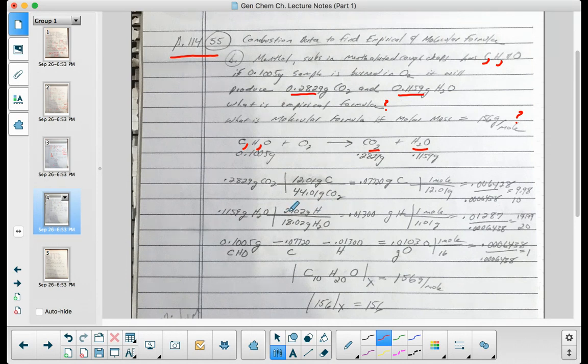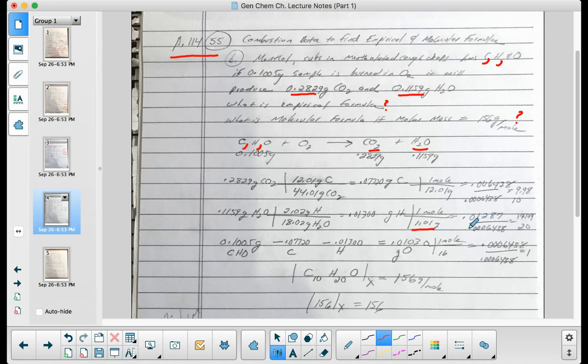The atomic mass of hydrogen is 1.01, but since I have two in my water molecule, I use 2.02. Out of the 18.02, I find out what is the mass of hydrogen in that water molecule, and then I convert that to moles. But this time I use just the value for one because I now have an absolute value for the grams of hydrogen. Now I'm just going to convert that grams of hydrogen to moles of hydrogen, not H2. So I get a mole value.